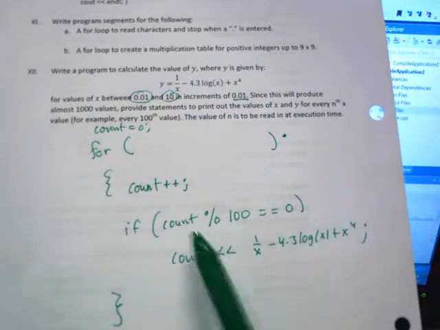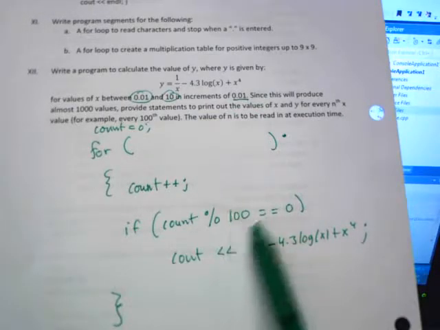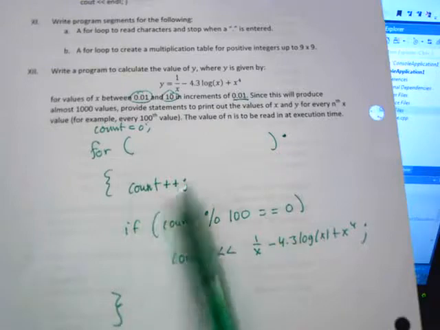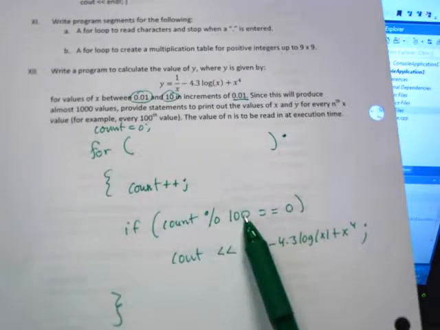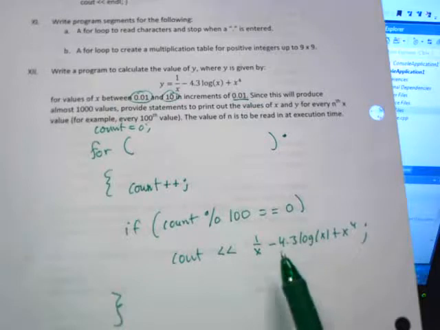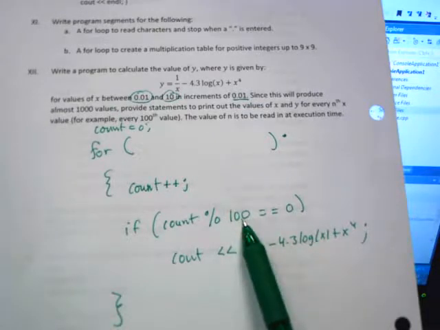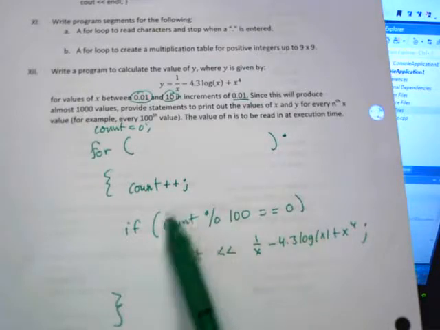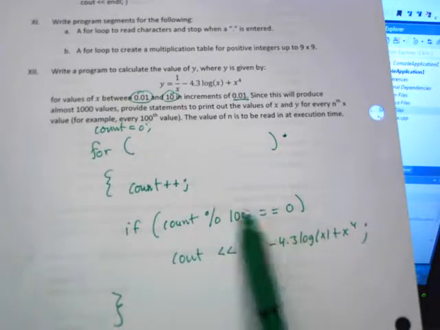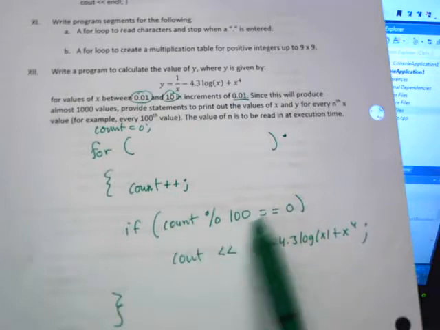You would have to get it to print every 100th value. You need to keep a count, and every time it gets to a 100, that's when you tell it to print. What if you wanted it to print every 50th value? Change the 100 to a 50. So what does this modulus thing do again? It finds the remainder.